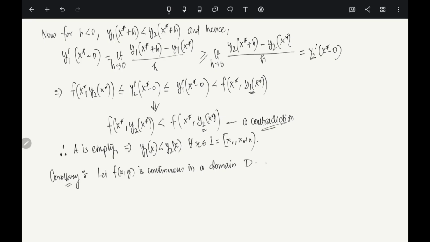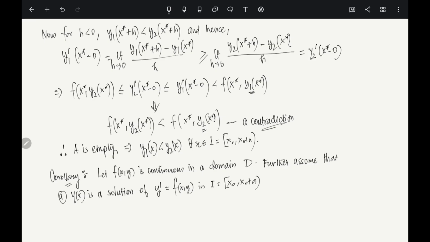Now further assume that y of x is a solution of y prime equals f of x y in I, and what is I? x naught to x naught plus a. So this is the first condition. I am starting with y, which is the solution of this equation.